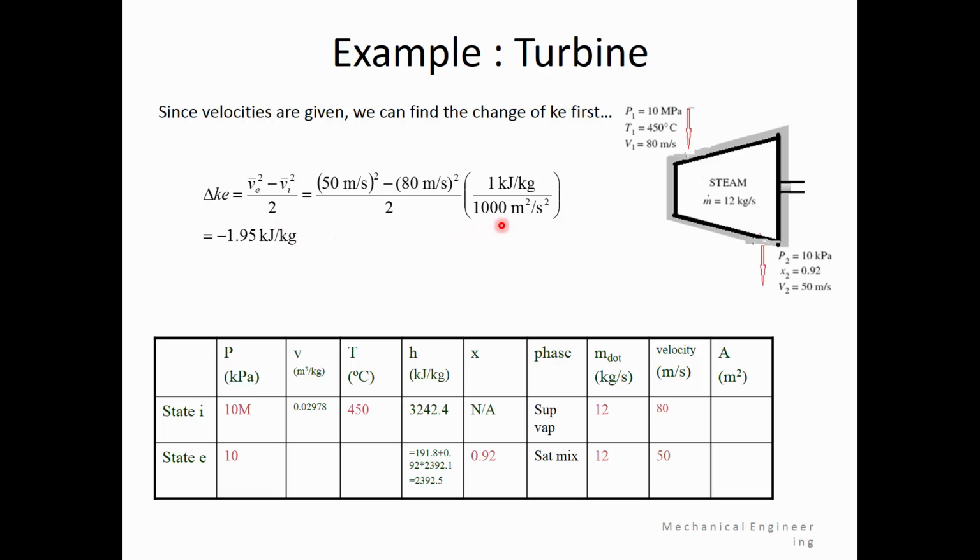To convert its final unit to kilojoule per kilogram, we need to divide by 1,000 since its original unit is joules per kilogram, and the answer turns out to be negative 1.95 kilojoule per kilogram.